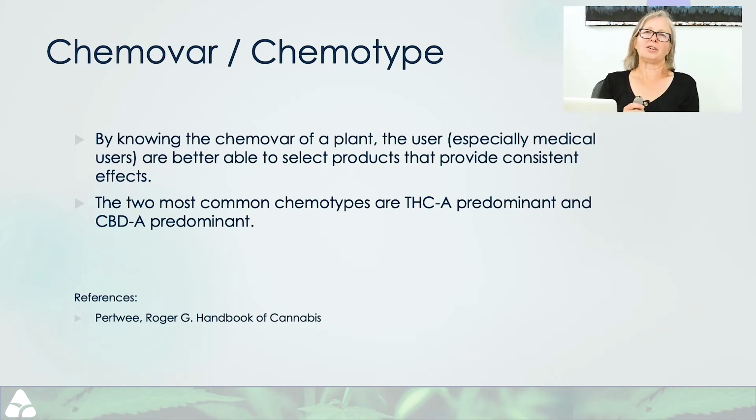This is one of the areas for medical users, especially before we had required testing and disclosure of THC and CBD amounts in the different strains. A medical user would just have to rely on whatever their grower was growing for them. They didn't really have a lot of choice.